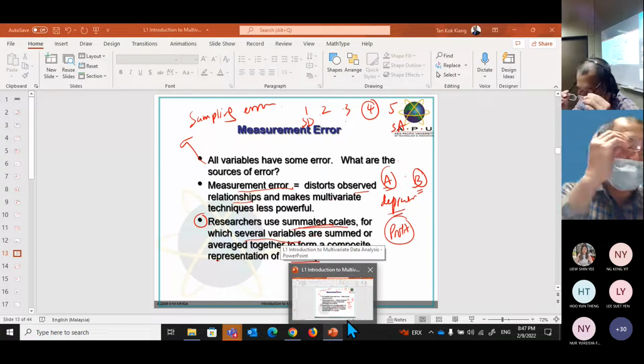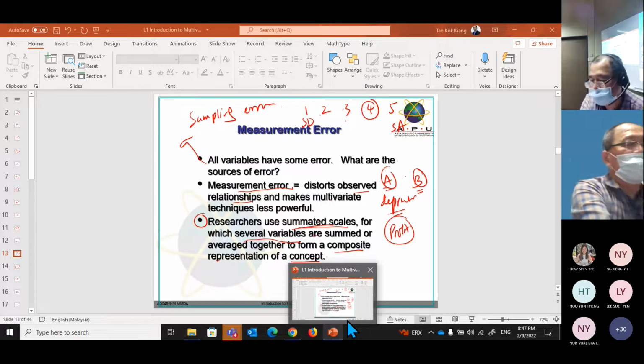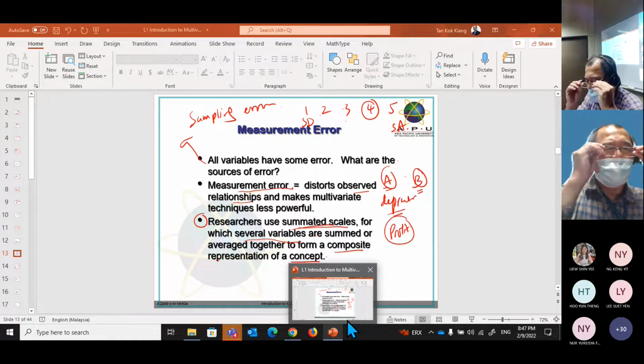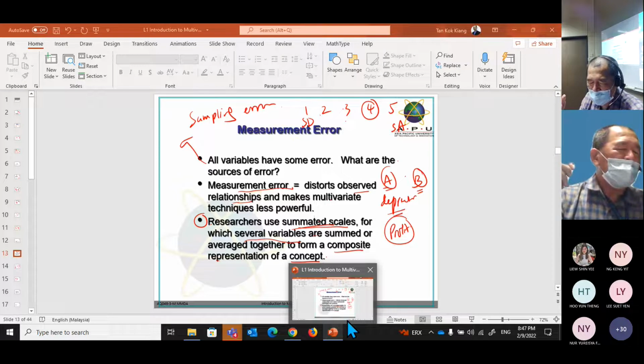Any question? Yes. So, sir, how to decide which numbers can be submitted? What do you mean by which number can be submitted? Let's say, meaningful numbers all can be submitted. Yeah.